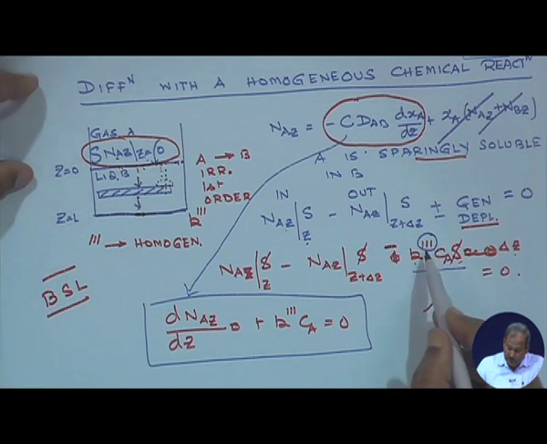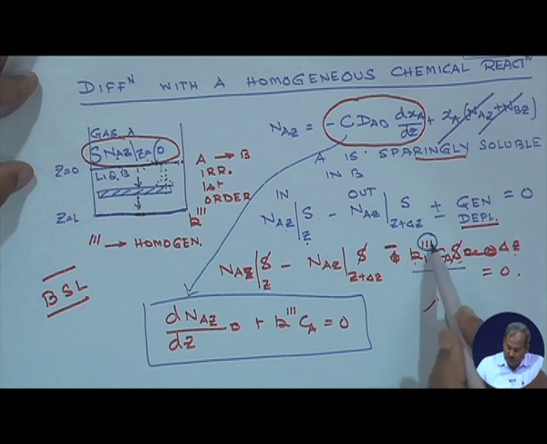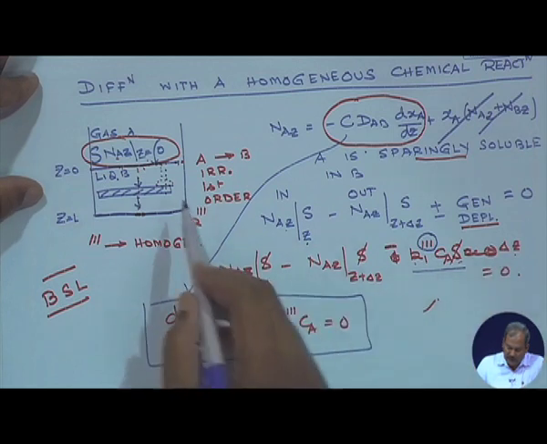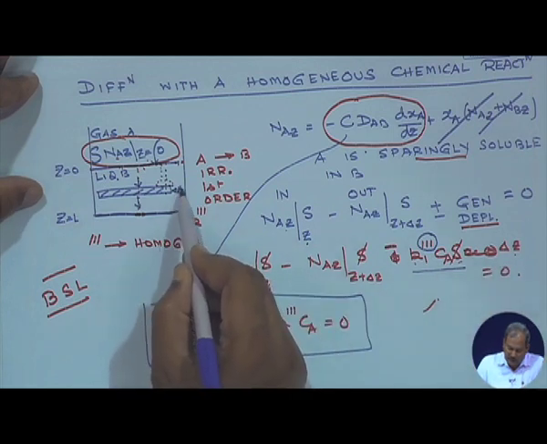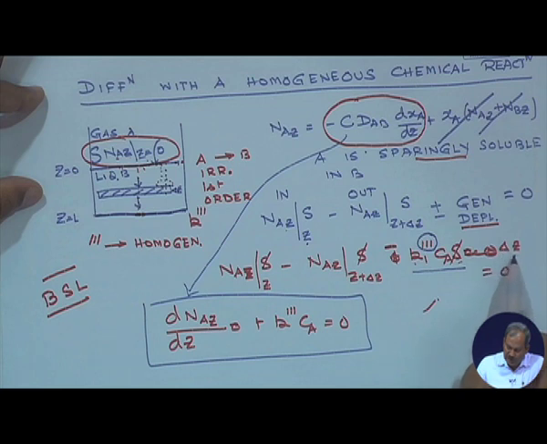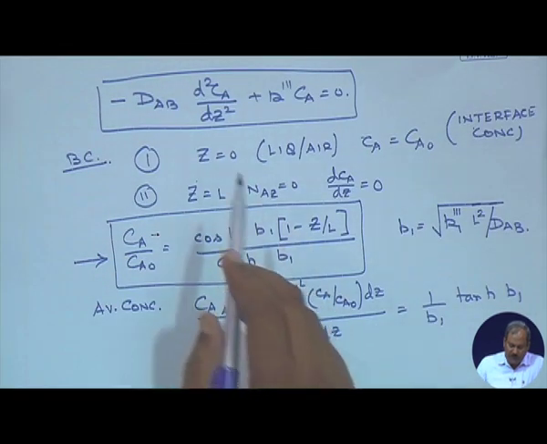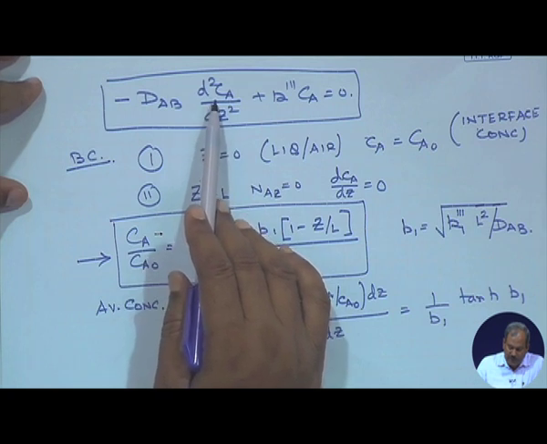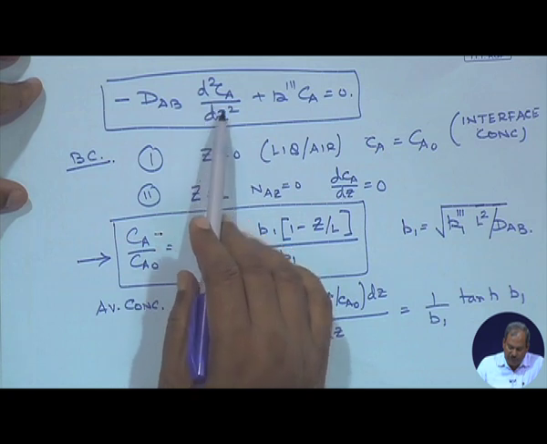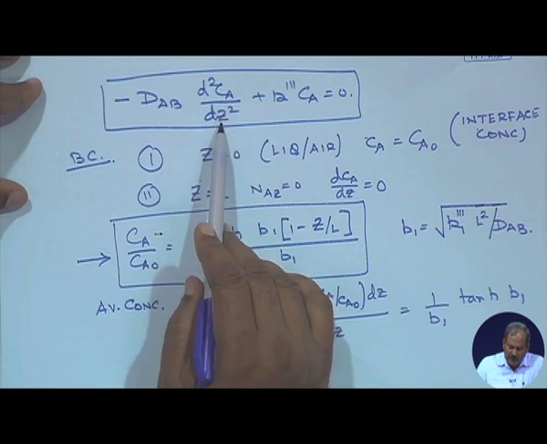So, K1 triple prime represents a homogeneous reaction, and since it is first order, it is going to be K1 triple prime C_A times S, where S is the cross sectional area, and delta Z, where the thickness of the assumed shell is delta Z. Dividing both sides by delta Z, we got the governing differential equation, and after putting in the expression of N_AZ using Fick's law and assuming a one dimensional diffusion only case where A diffuses in the Z direction.